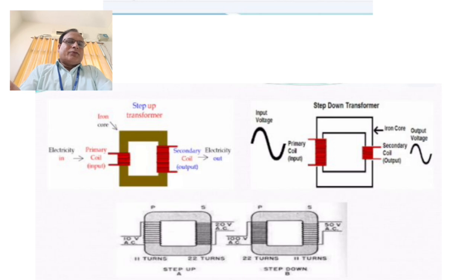In a step down transformer, the number of turns in the secondary winding is less than the primary winding. In a transformer, the input voltage is AC and the output voltage is also AC.